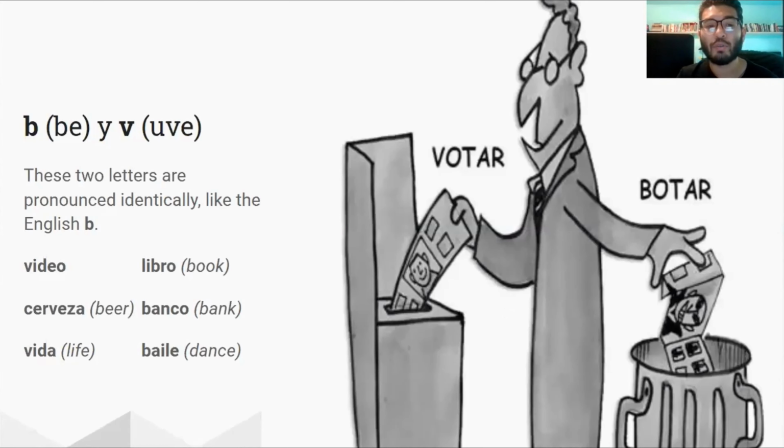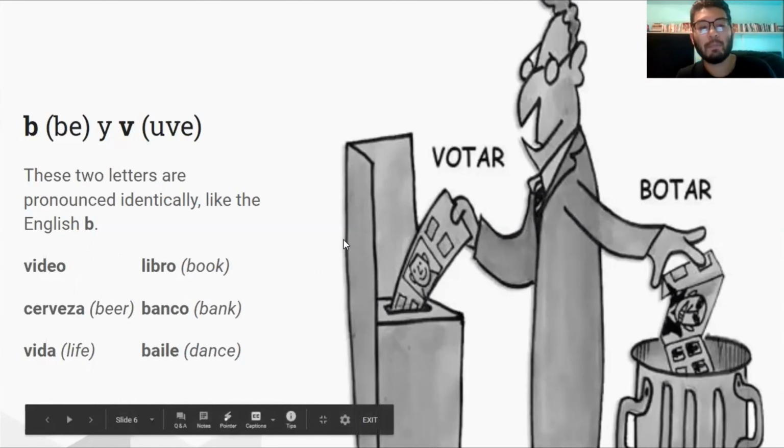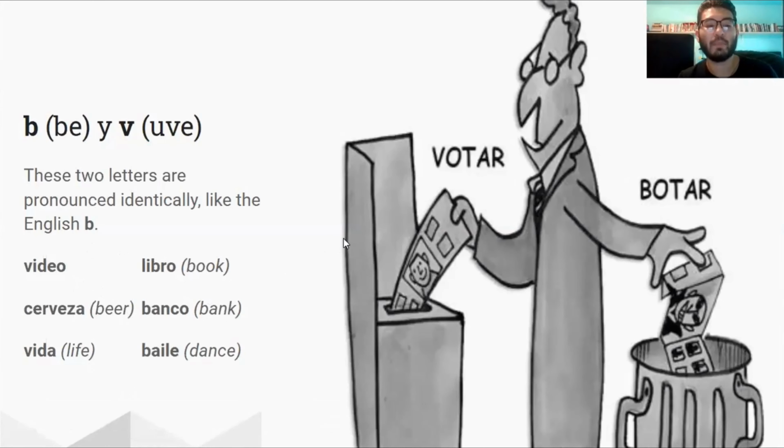In Spanish, though they are different letters, they have the same pronunciation, no? So examples of these two letters in different words, we have video, we have cerveza, and vida. And notice how the pronunciation of the letter V is as if we were pronouncing the letter B, no?